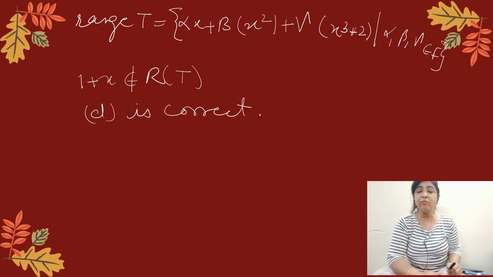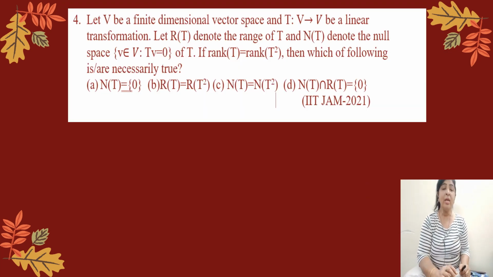Next you have, let V be a finite dimensional vector space. T from V to V be a linear transformation. R(T) denotes the range of T, N(T) denotes the null space of T, v belongs to V such that T(v) is equal to 0. If rank of T is equal to rank of T square, then which one of the following is not necessarily true?